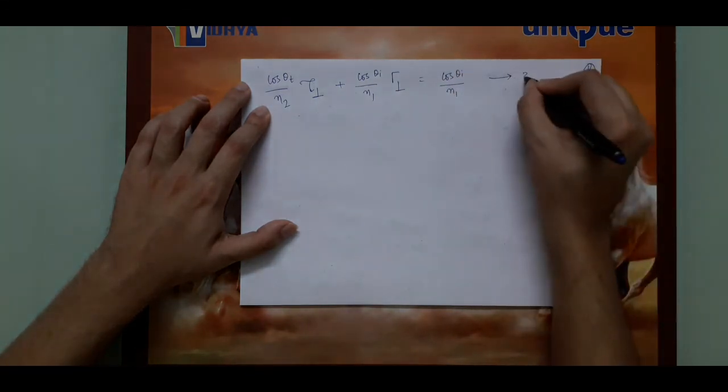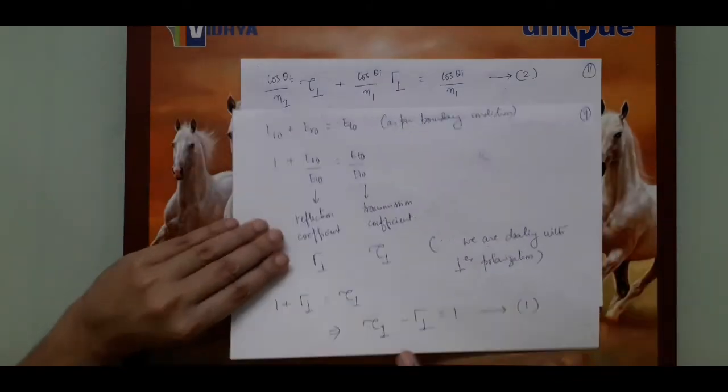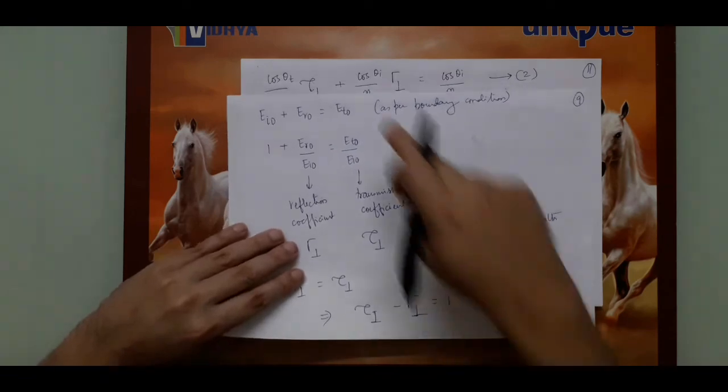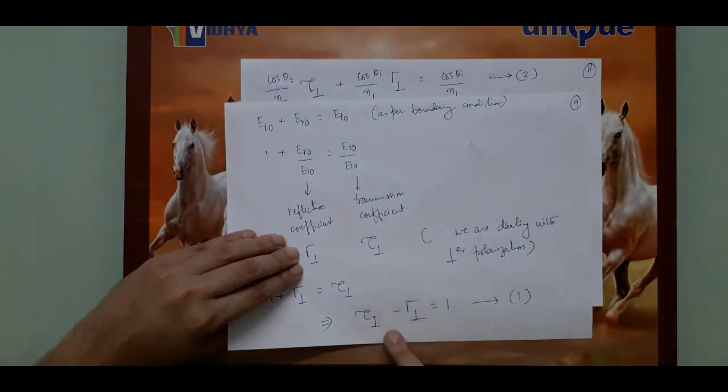Now this is my equation number 2. We had already gotten equation 1, and now we have got the second equation, which is also in terms of tau and gamma.